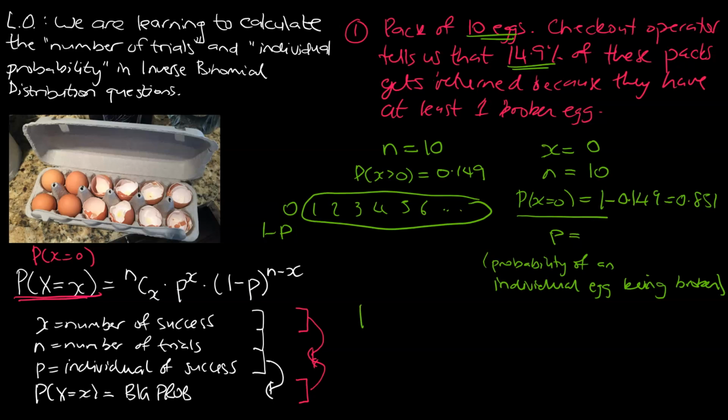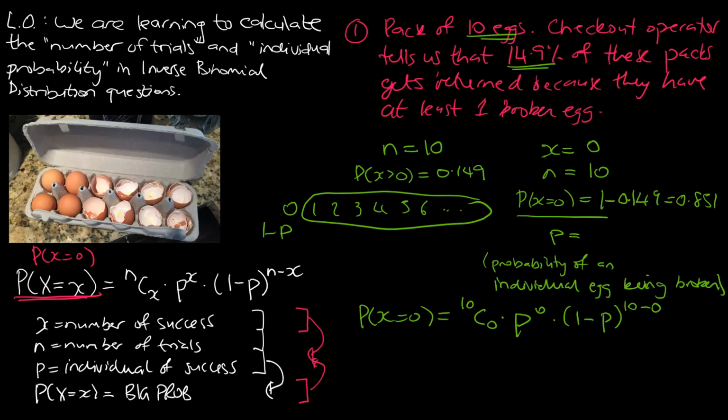So let's write down our formula. The probability that x is equal to 0, well, that's going to be 10C0 times p to the power of x, which is 0, times 1 minus p to the power of n, which is 10, minus 0.